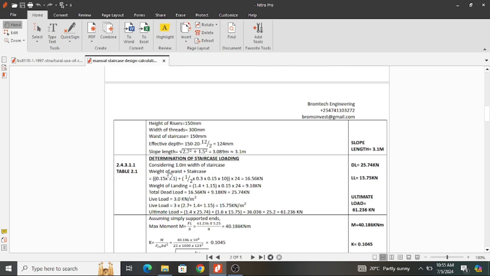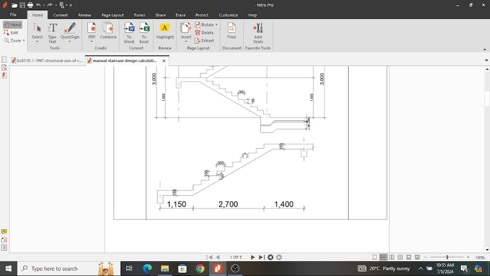And this gives me my volume of concrete at that section. I also consider the additional area of concrete on top of my waist. Once I draw a slanting line from this tip to this tip, you will realize that my line will be touching all these points here, which means I'm going to remain with small triangles on top of my waist.